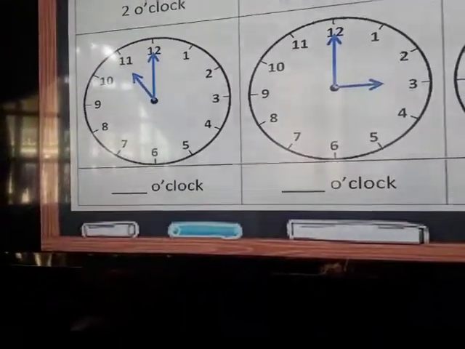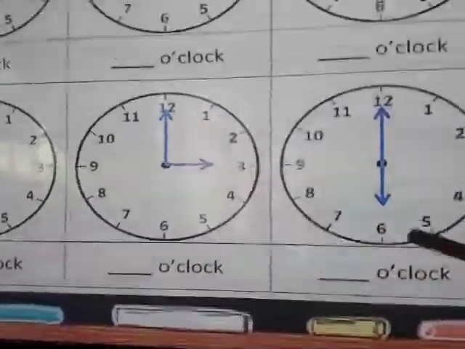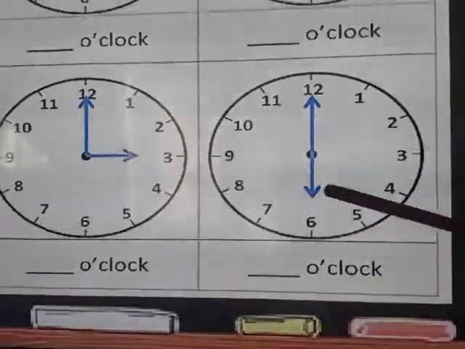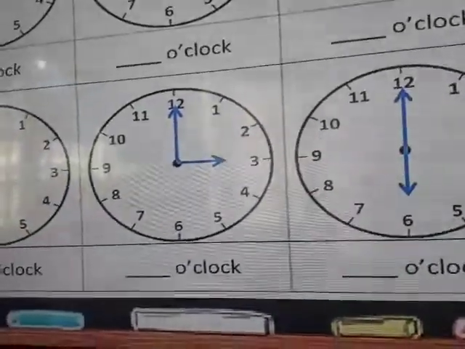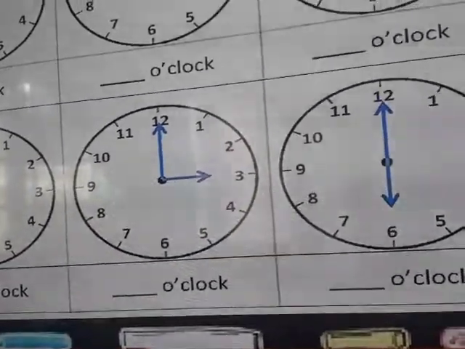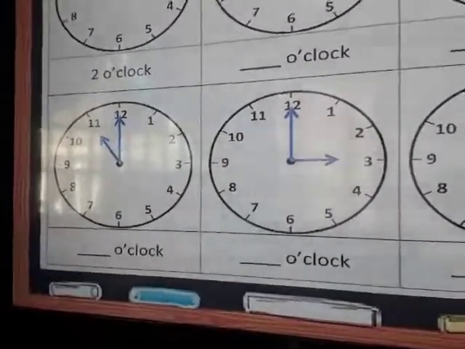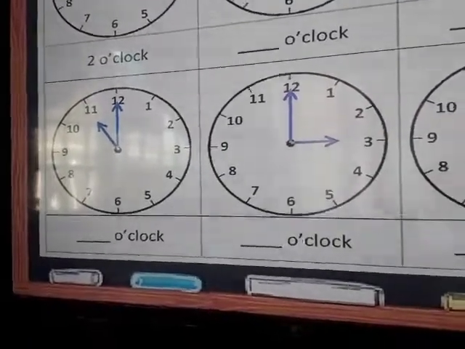And Victoria, for example, the short hand pointing to 6 and the long hand pointing to 12, what time is it? Victoria, what time is it? 6. 6 what? 6 o'clock.